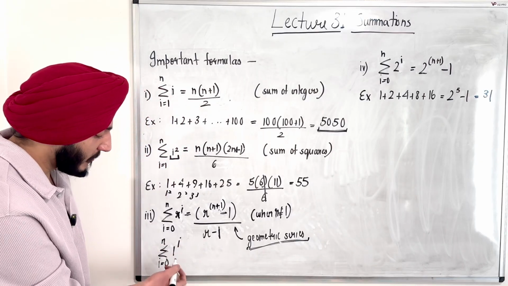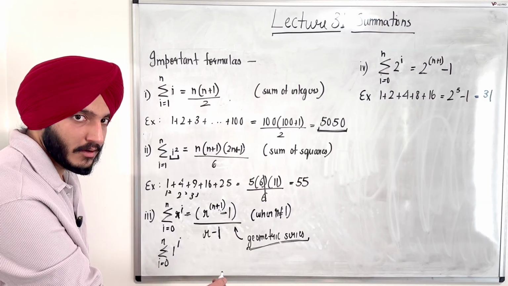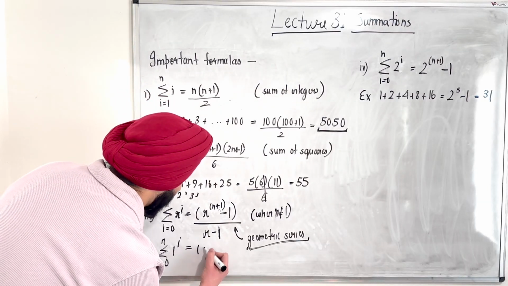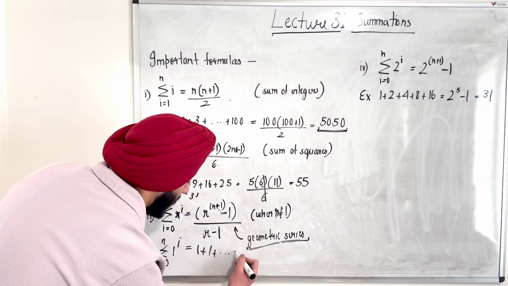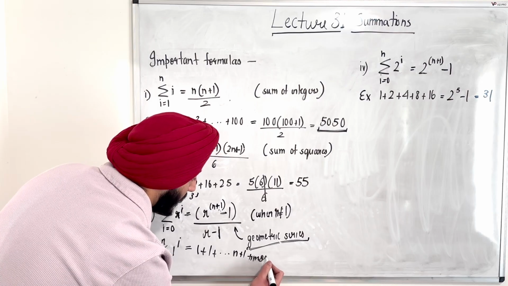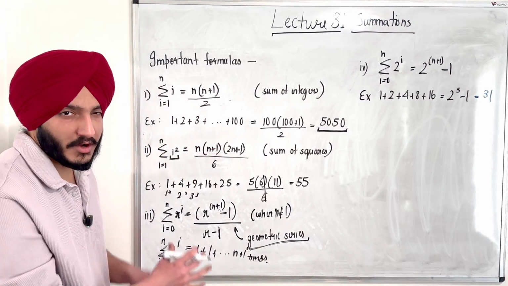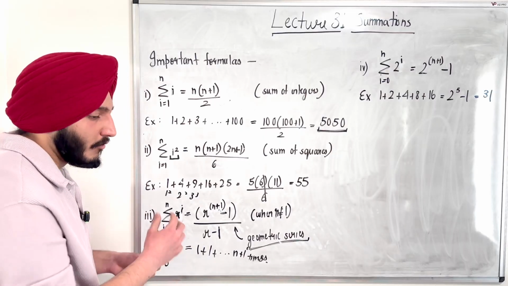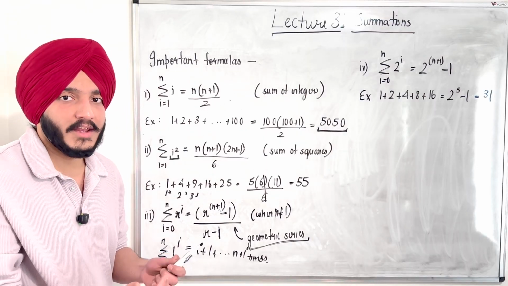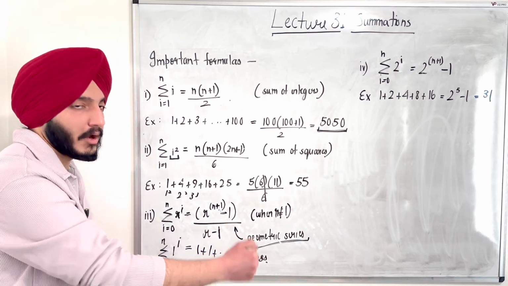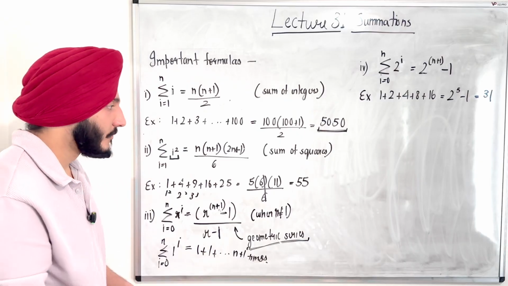If you look at this, it simply means I keep on adding 1 n plus 1 times: 1 plus 1 plus 1 until n plus 1 times, right? You can try to pause the video and understand what I'm exactly trying to say. If r is 1, then 1 to the power of anything would simply be just 1, right? And since you're doing the summation, you'll keep on adding 1, 1, 1, 1 multiple times, okay?